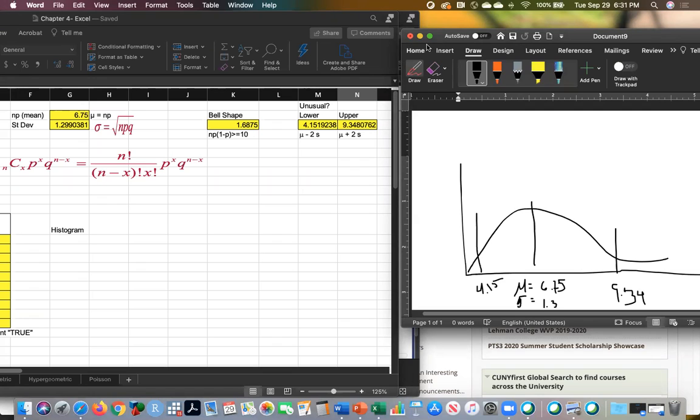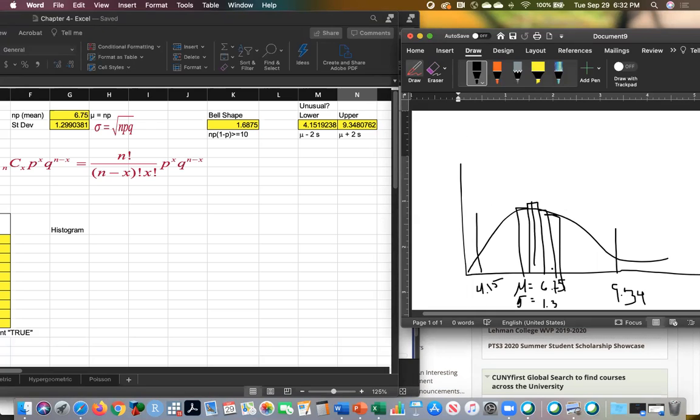Okay, so this idea is going to be modified, because remember, my binomial distribution is a discrete distribution, so I'm going to have bars and everything. I'll show you how it looks in real life.